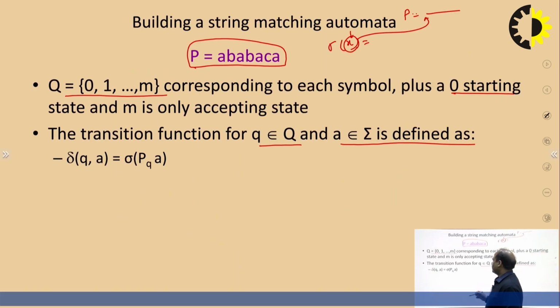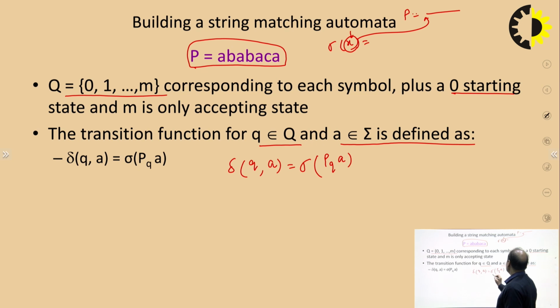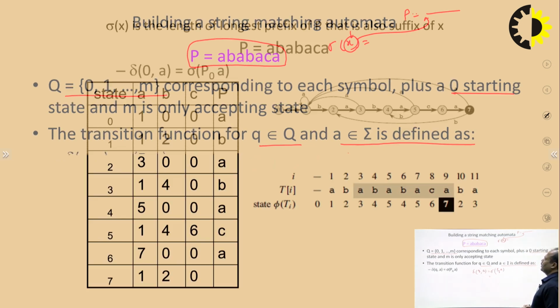Delta of q, a is sigma of P_q a. That is it. After computing this, whatever number comes is the transition function value for a.